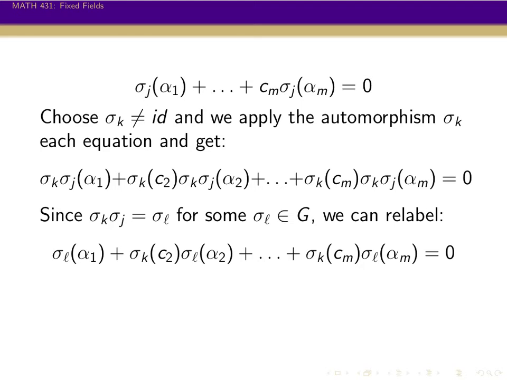And then, since sigma k and sigma j are both elements of the Galois group, if we're taking the composition of them, then we're just going to get some other element of G. And so we'll just call that sigma L of G. Okay, and so we can relabel this now, combining all of these sigma k, sigma j's into sigma L. Okay, and so we have sigma L of alpha 1 plus sigma k of C2 times sigma L of alpha 2 down to sigma k of Cm times sigma L of alpha m.